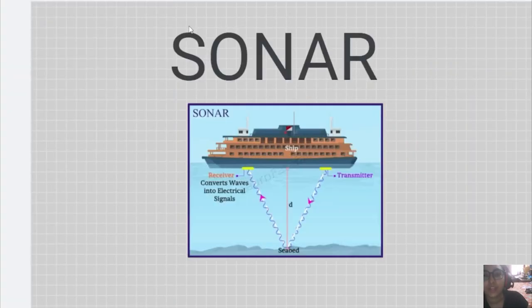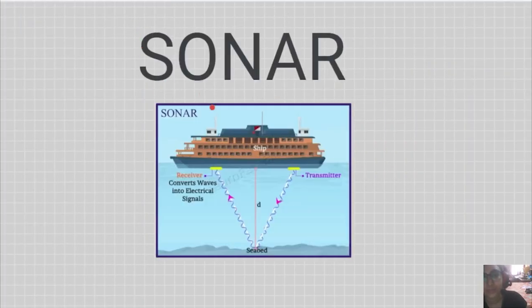So today we're going to talk about sonar. Sonar is another device that uses the principle of reflection of sound. Sonar has a transmitter and a detector or receiver. The transmitter, from the name also you can understand, transmits or produces sound.